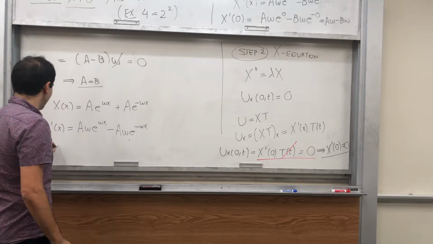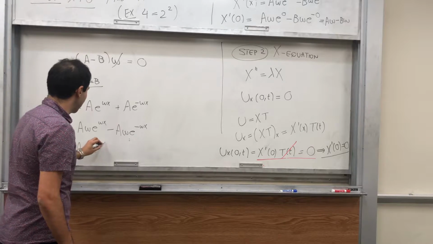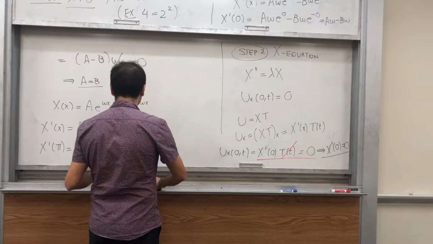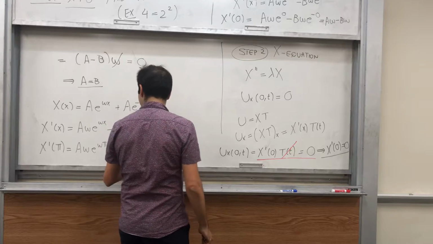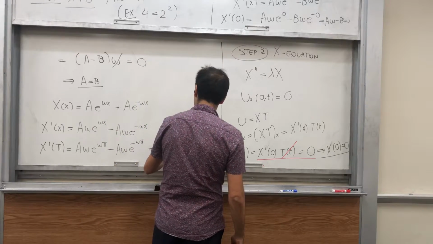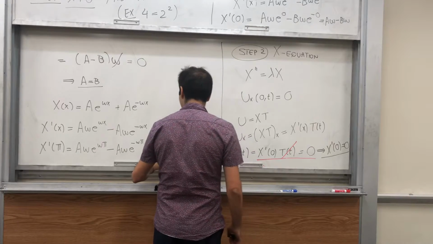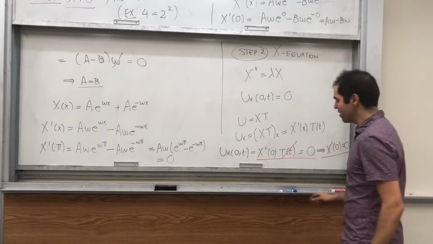So x prime of pi is a omega e to the omega pi minus a omega e to the minus omega pi. And again, if you want, that's a omega times e to the omega pi minus e to the minus omega pi. And we know this is 0 because x prime of pi equals 0.